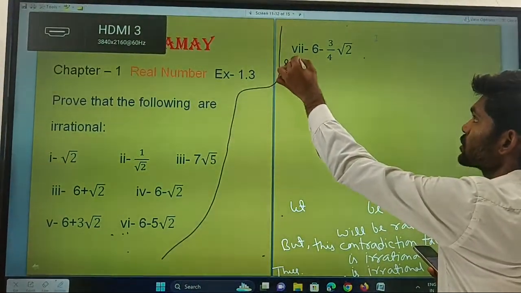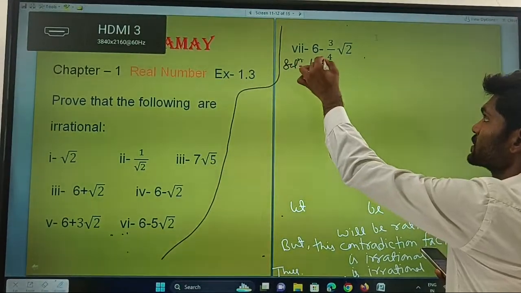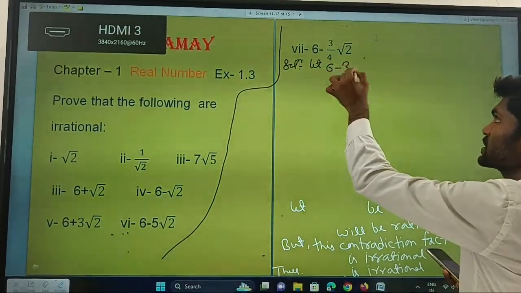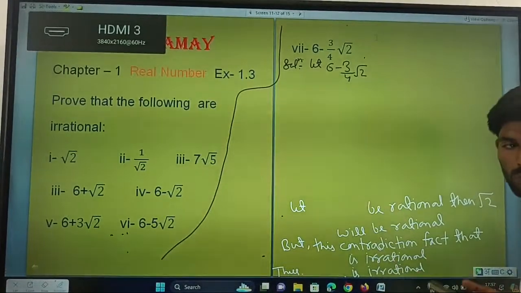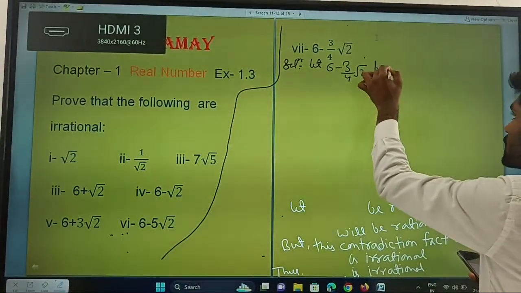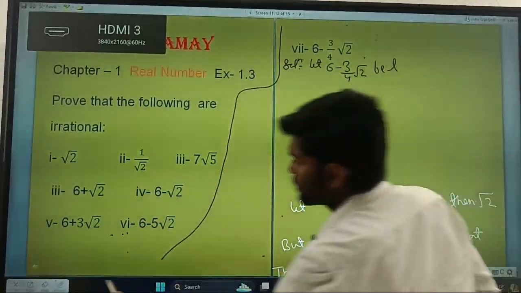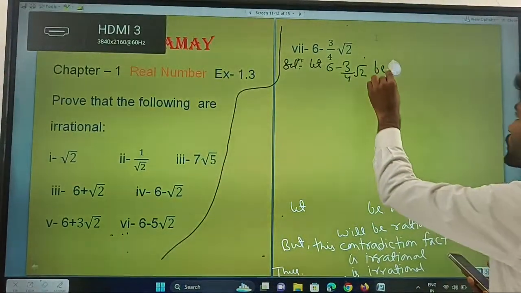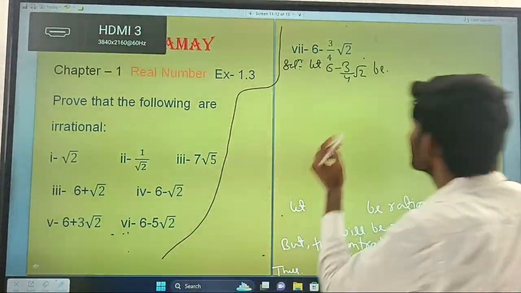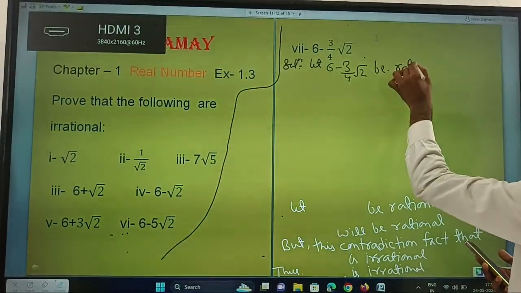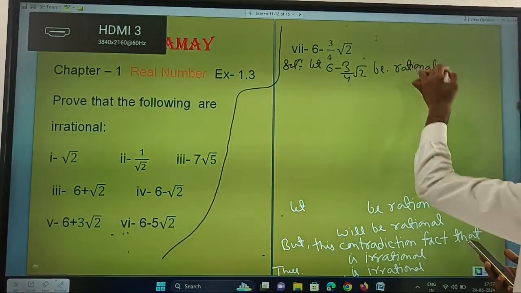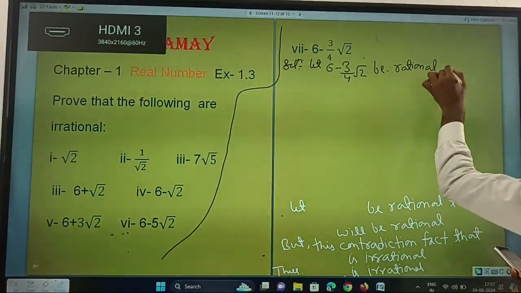What is the solution? Let 6 minus 3 upon 4 under root 2 be rational.